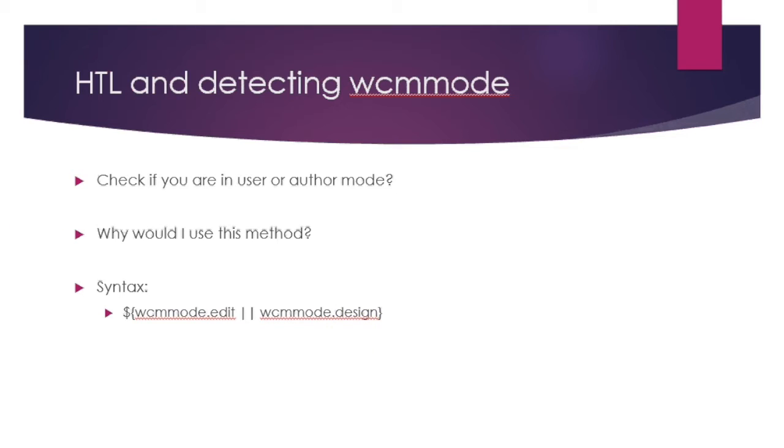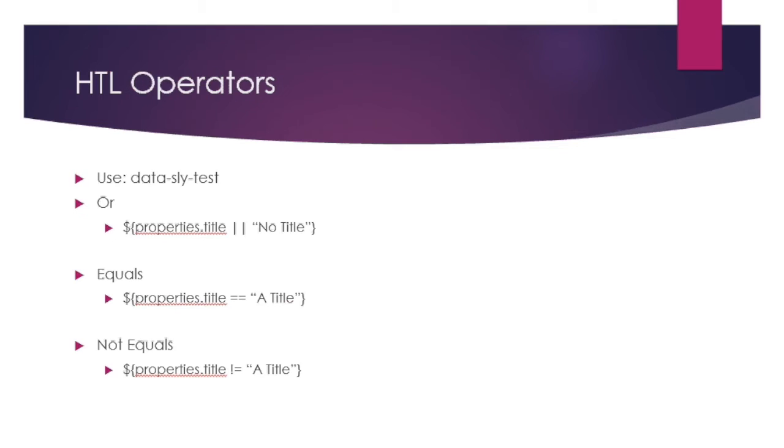Next, I would like to go over HTL operators. Operators use the data-sly-test tag, and operators are very much like in normal code. You have the or, the equals, not equals. There's also the greater than, less than, all the standard software operators.